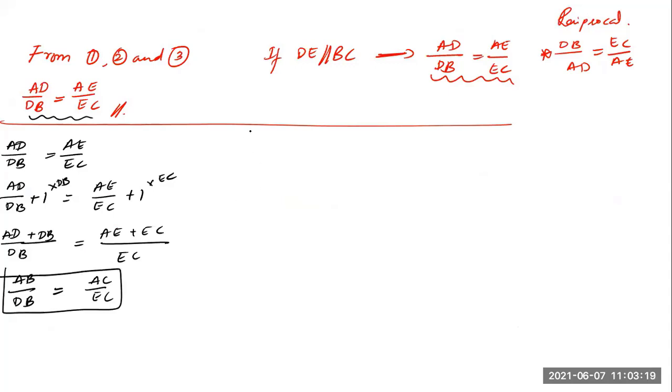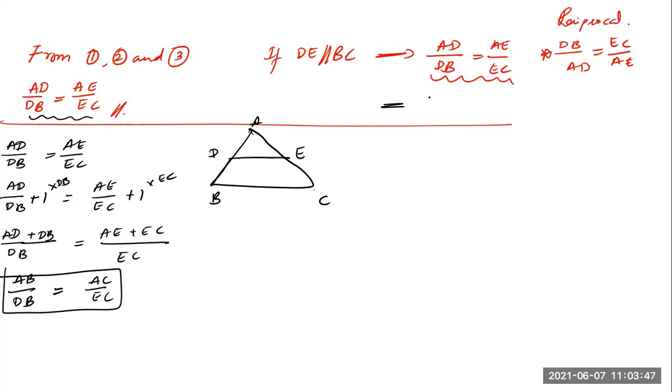In the sense how it is, if you consider triangle A, B, C, here this is DE. If DE is parallel to BC, then you can write AB, this full side, is divided by this DB, and here this side AC is divided by EC. So that is the second point.